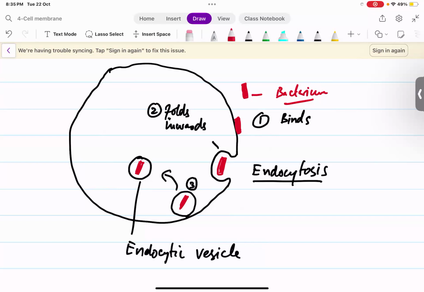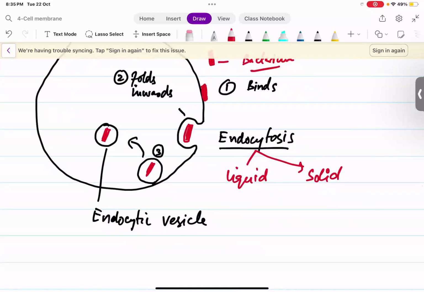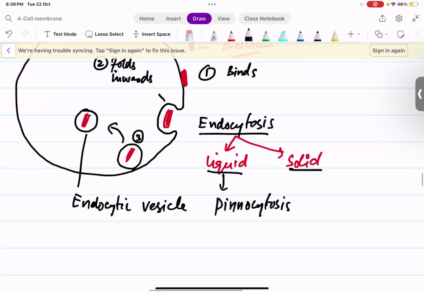This material taken into the cell may be a liquid material or maybe a solid material, as in the case of bacteria. So if this is a liquid material taken up by a cell, then it is known as pinocytosis. And if it is a solid material taken up by a cell, then it is known as phagocytosis.